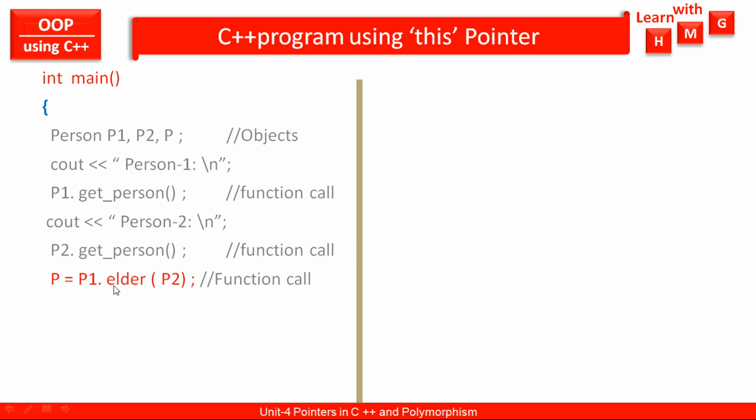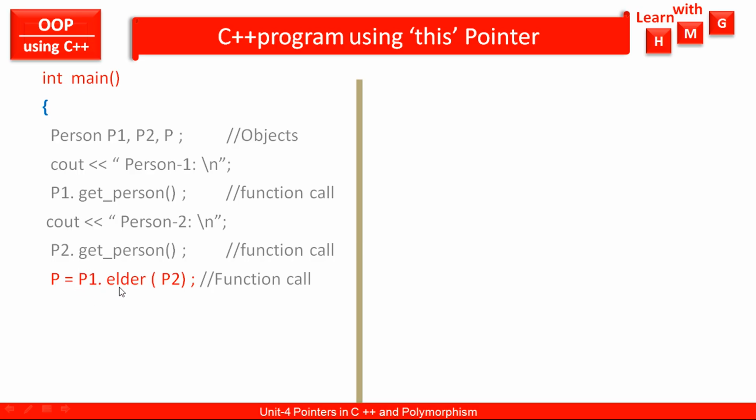The argument object p2 is passed explicitly, as an explicit argument, while the calling object p1 is passed as an implicit argument to the elder function, and the this pointer is pointing to the calling object p1.